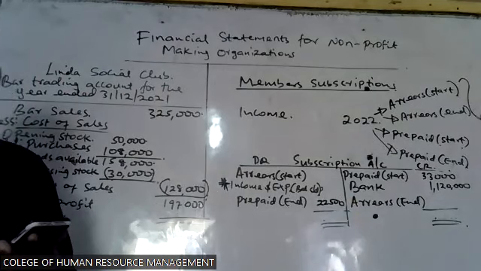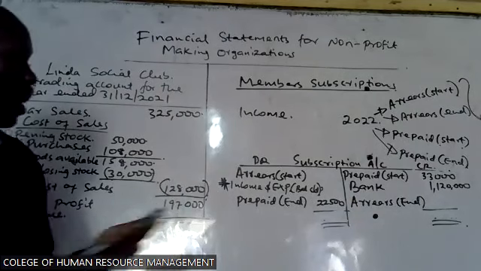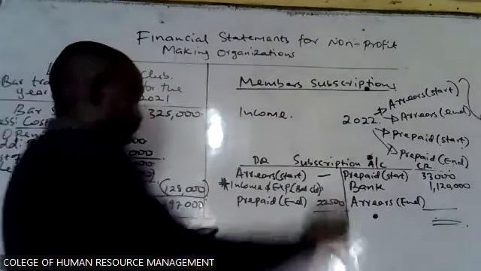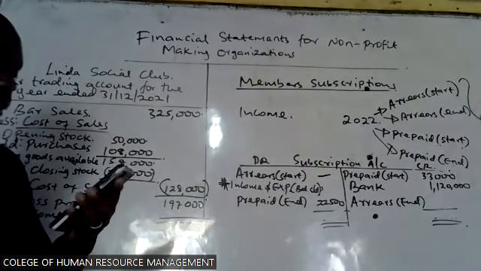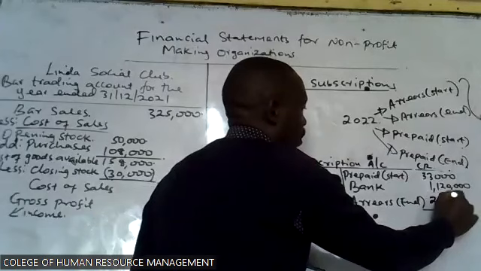Sometimes they can tell you owing, outstanding, due. We are not given it at the start, but we are given at the end 24,000. You put it there.